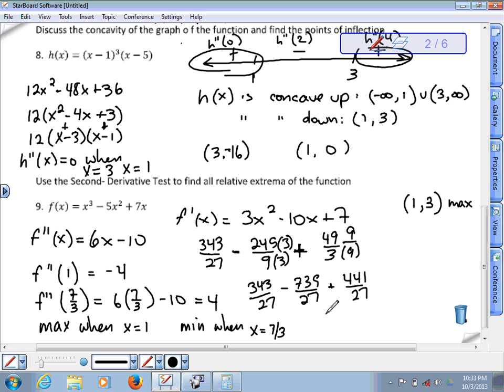And let's see, 343, we're going to add the 441, and we get 784. Now 784 minus 735 is 49/27.